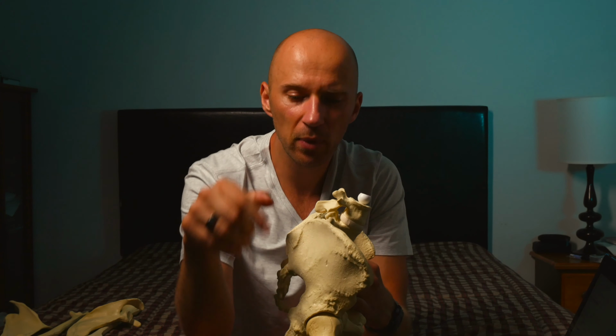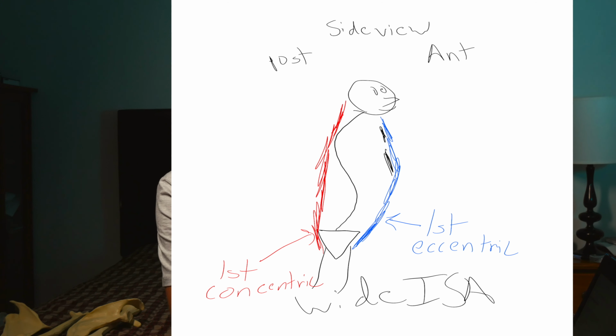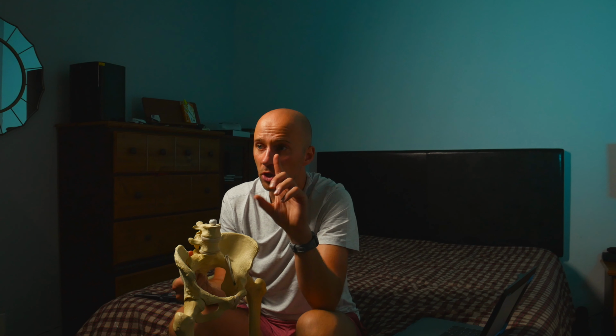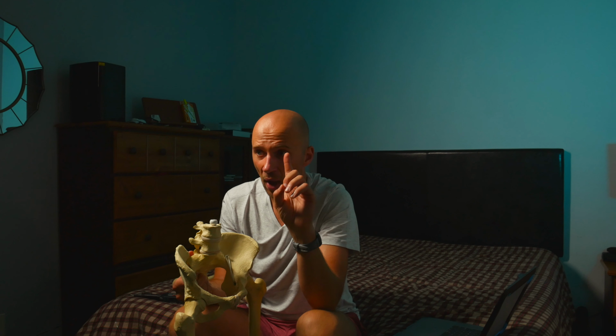If I were to draw this in layers, so you have this concentric on the back layer initially and this eccentric on the front layer, if I throw another layer on the front side of concentric activity to continue to keep myself upright, that layer of compensation is more superficial than the initial layer, which would be that concentric orientation on the backside of the body. You have to peel that superficial layer off first.